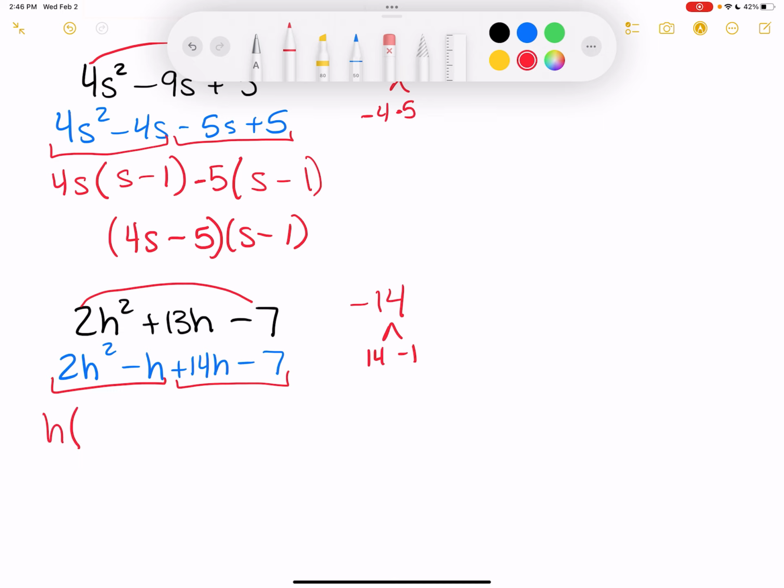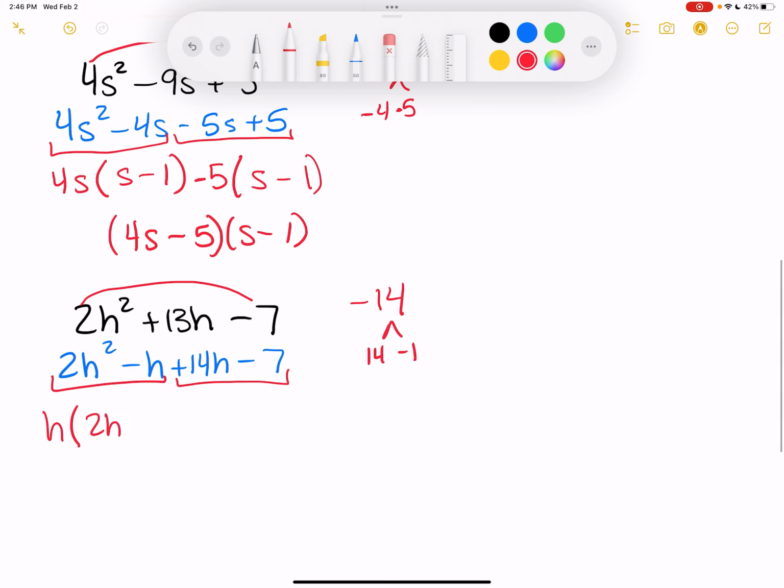What does that leave me with? 2h minus 1. And what can I take out of this one? 7. And what does that leave me with? 7h, 2, 8. Wait, you're right. Where's 1? So I've got h plus 7 times 2h minus 1.